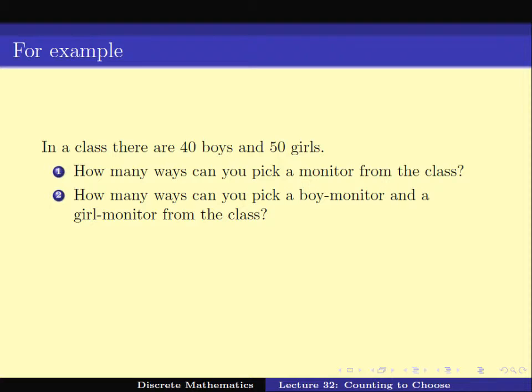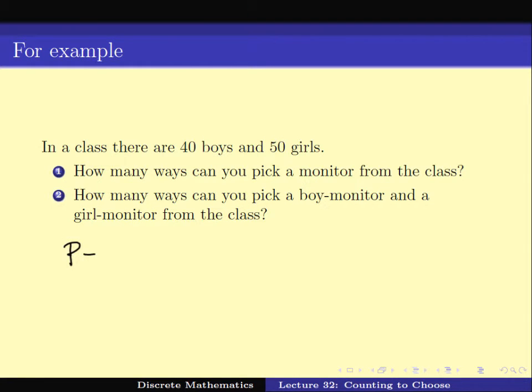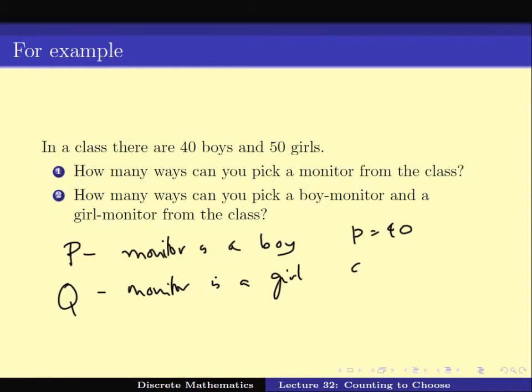Again, the same way as last time, P is the case that the monitor is a boy, and Q is the case that the monitor is a girl. And there we saw that p was 40 and q was 50.